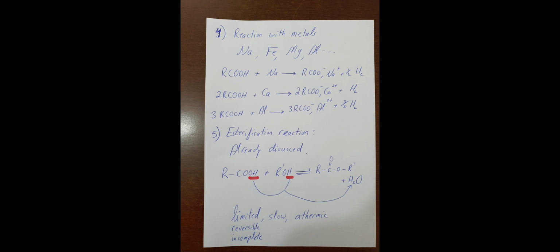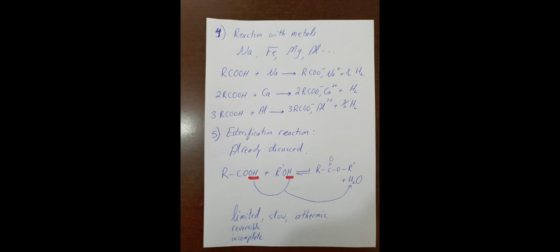So when you write the reaction with the carboxylic acid, you need one molecule of the carboxylic acid with sodium to produce the alkanoate ion with the Na plus and half H2 to render the equation balanced. In case you have a metal that produces a cation with a 2 plus charge like calcium, you need 2 molecules of the acid: 2RCOOH plus the calcium, producing (RCOO)2Ca plus H2.